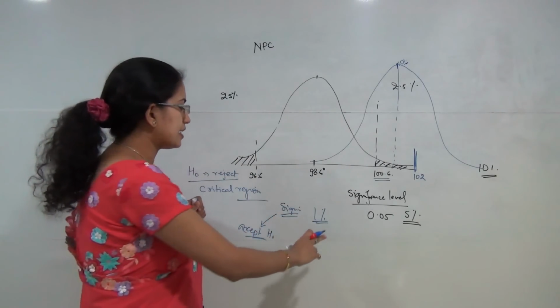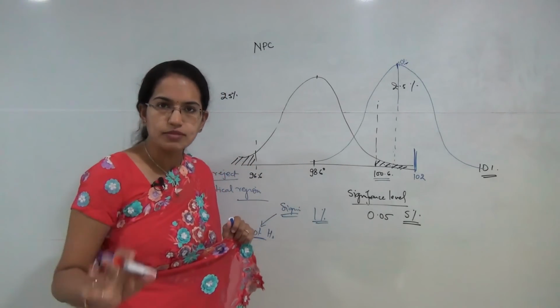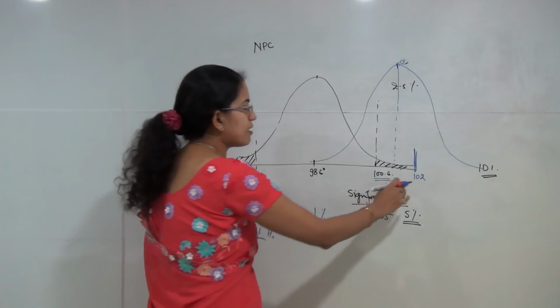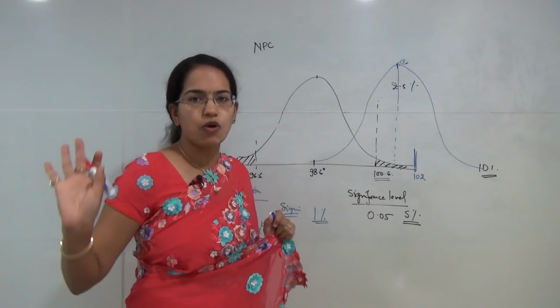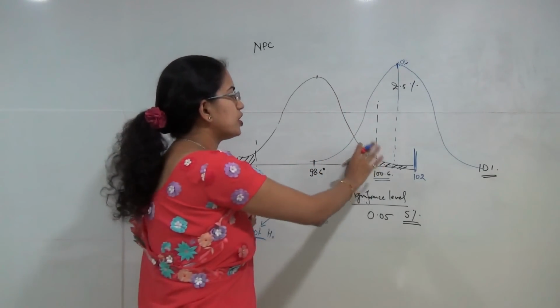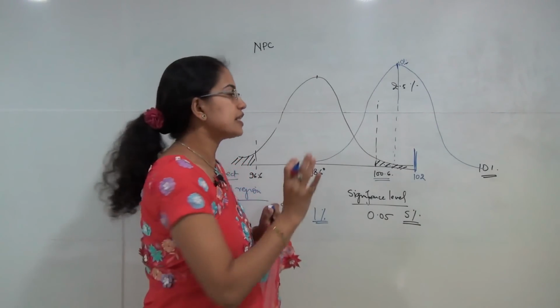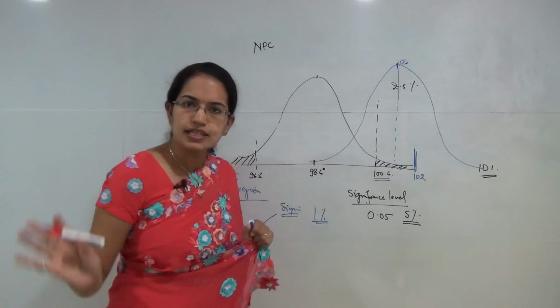On the other hand, if I have a significance level of 1%, my values are normal up to 102, and 101 would definitely fall under my normal curve, so I am okay with these values. That means I am accepting the null hypothesis.